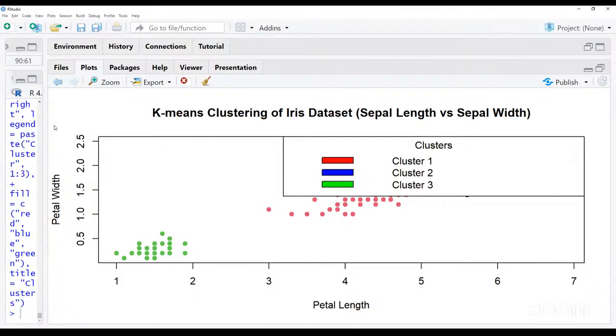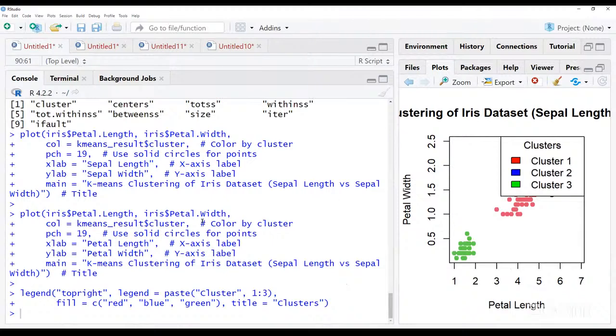And now you go to the console again. What is the percentage of correct classification?